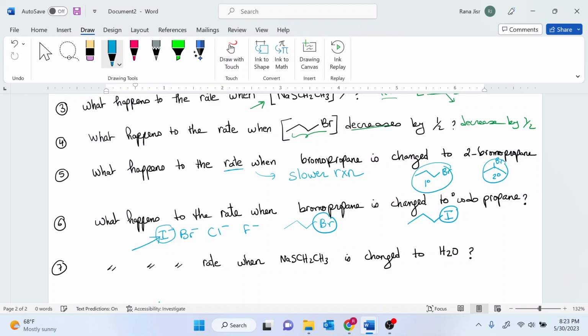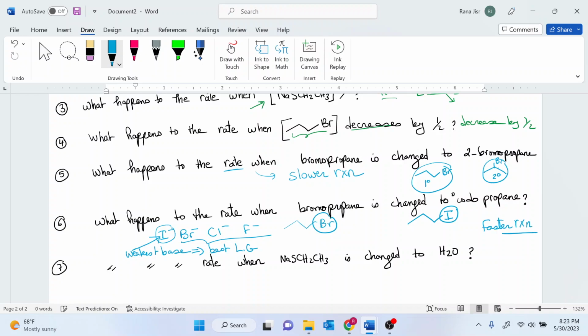So this is going to be the weakest base. If it is the weakest base, it implies it is the best leaving group among all of the halogens. So if I change the bromine into an iodine, it's going to be a faster reaction.